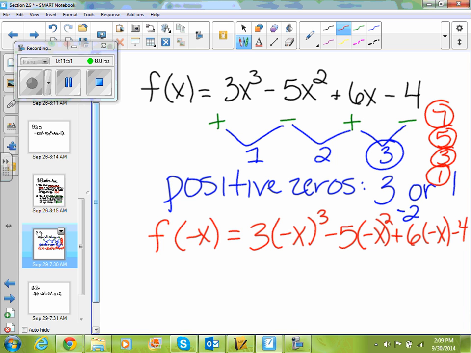Then if I simplify, this becomes negative 3x cubed, because a negative cubed stays a negative. The negative squared becomes positive, so minus 5x squared. 6 times negative x becomes negative 6x. And then I still have my minus 4.